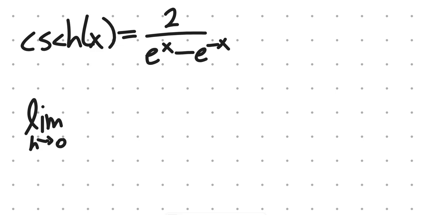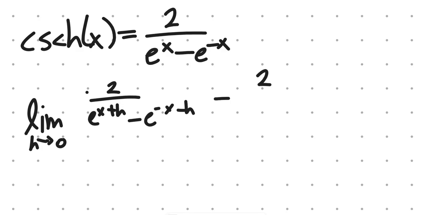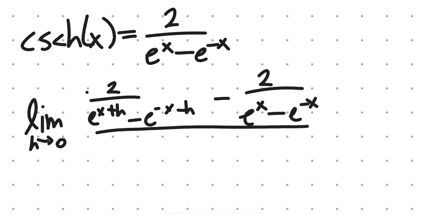Leaving us with the limit as h approaches 0 of 2 over e to the x plus h minus e to the negative x minus h, minus 2 over e to the x minus e to the negative x, all over h.